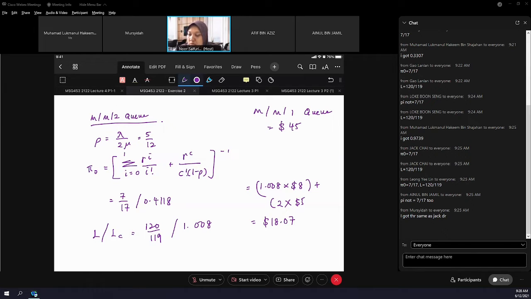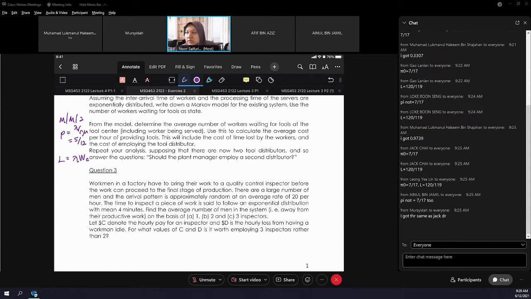So they should consider employing a second distributor, to make the system more efficient so that fewer workers are waiting per hour to get their tools. So that is for question 2. Is everyone okay with question 2? No questions for question 2.